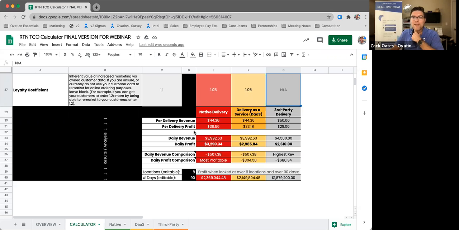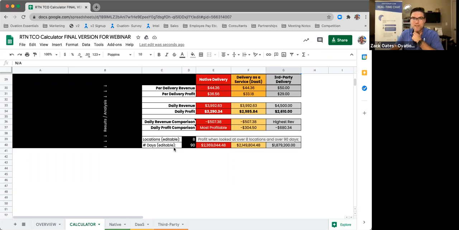And then we have the revenue and profit comparison, where this is going to look at, given these numbers, what has the highest revenue. As these numbers change, the highest revenue portion will change up here.